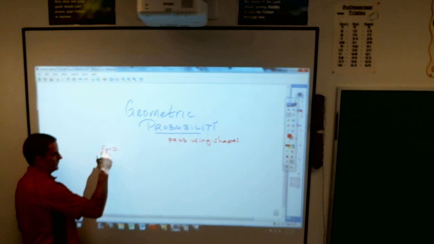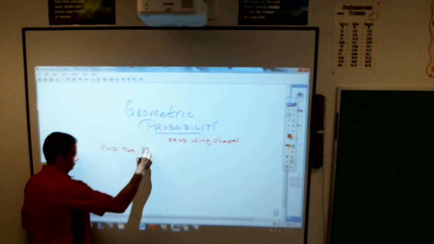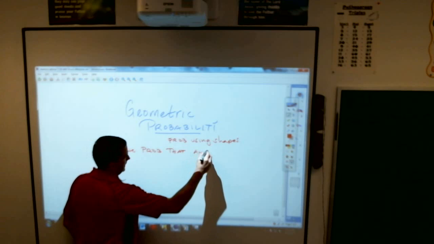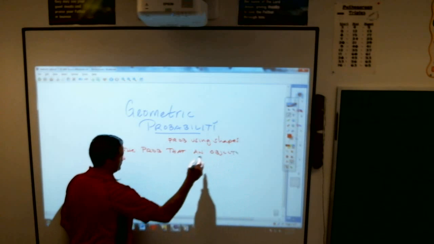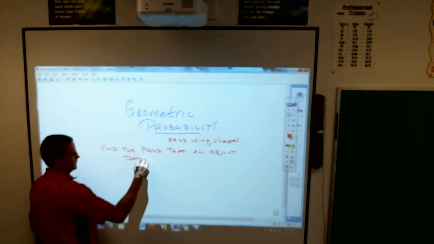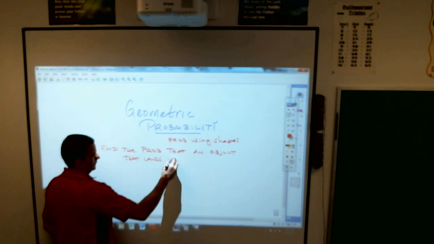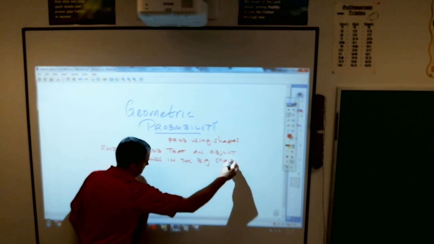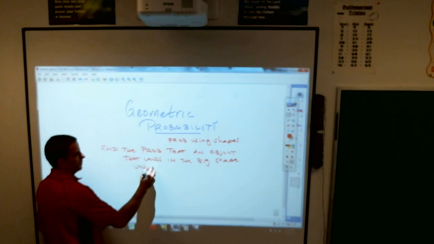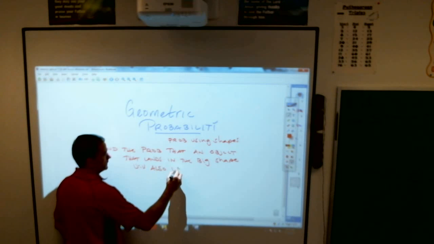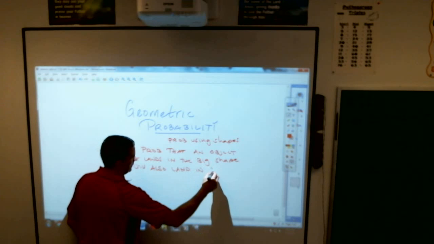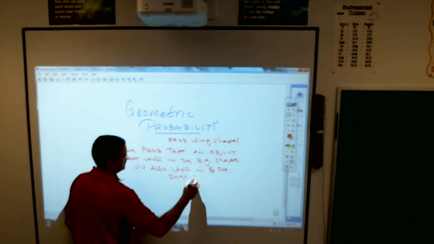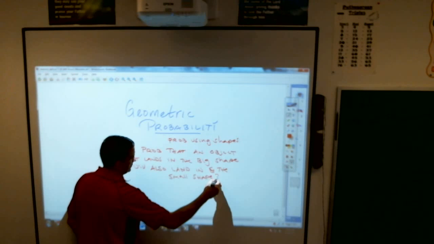Find the probability that an object that lands in the big shape will also land in the small shape. But you have no idea what that means, do you?